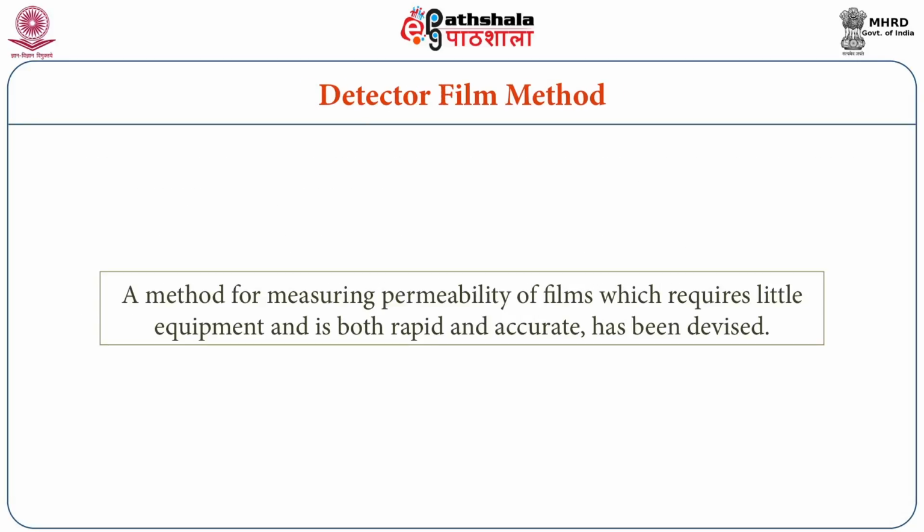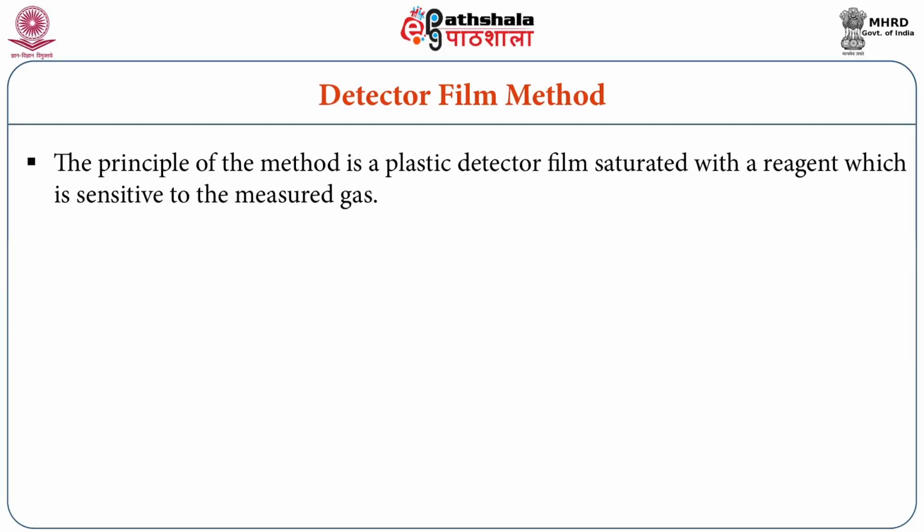Detector film method. A method for measuring permeability of films which requires little equipment and is both rapid and accurate has been devised. The principle of the method is a plastic detector film saturated with a reagent which is sensitive to the measured gas.